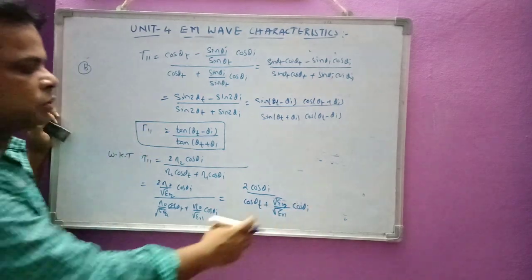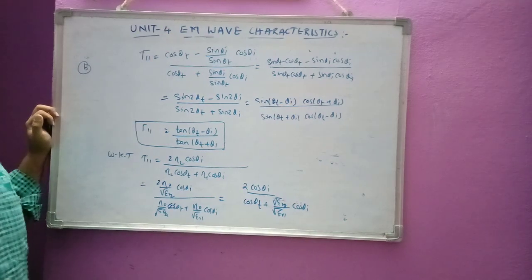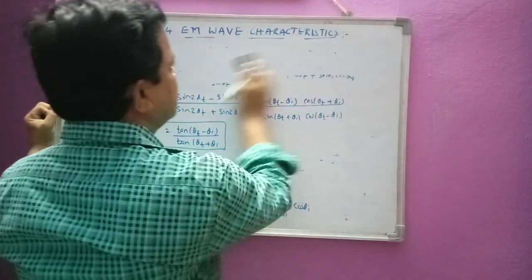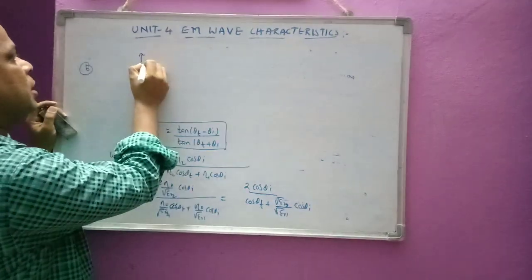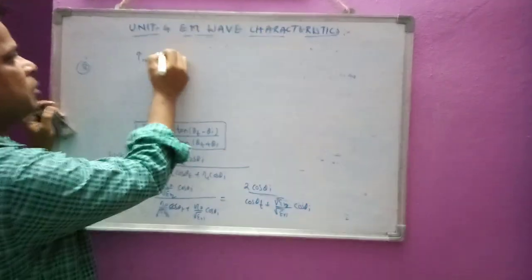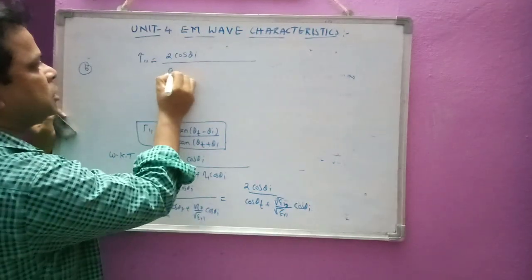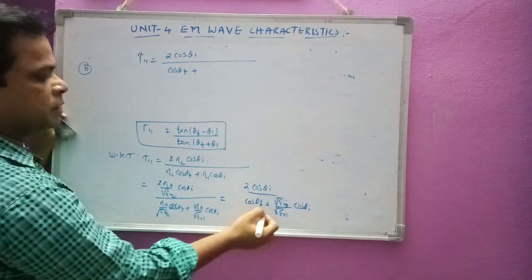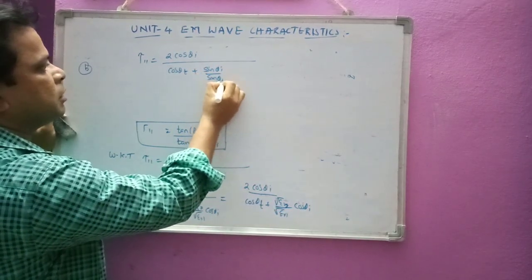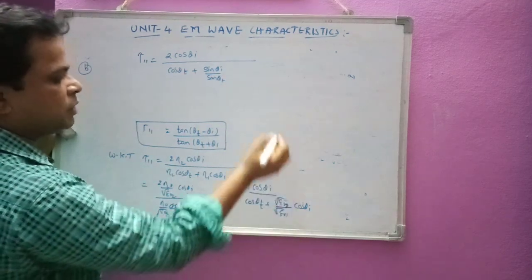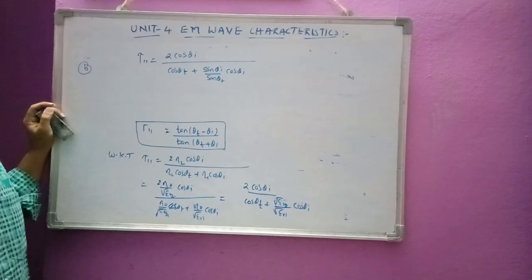Now again I am going to substitute the value of square root of epsilon r2 by epsilon r1 as sin θi by sin θt. So tau parallel is equivalent to 2 cos θi by cos θt plus sin θi by sin θt cos θi. I am going to substitute the value of this one that we have taken in the earlier one.